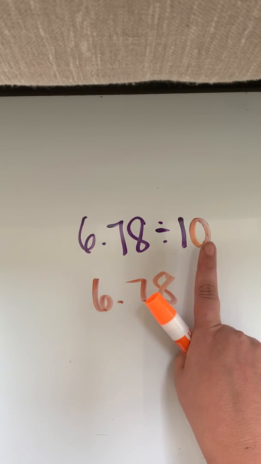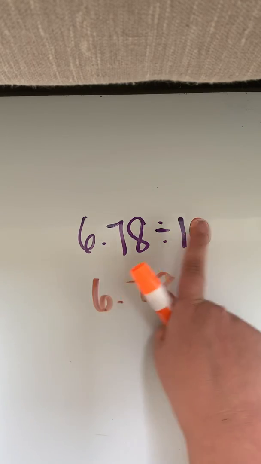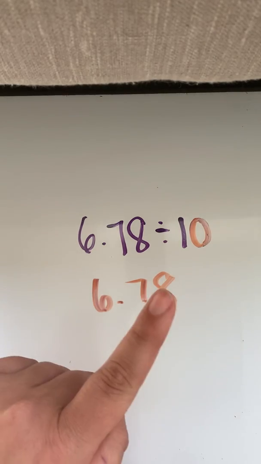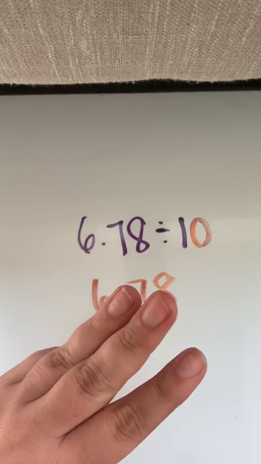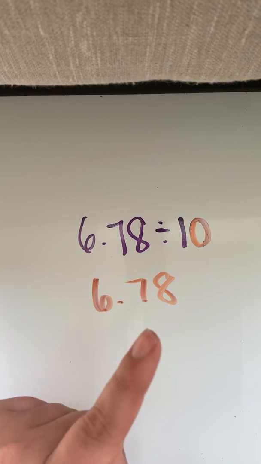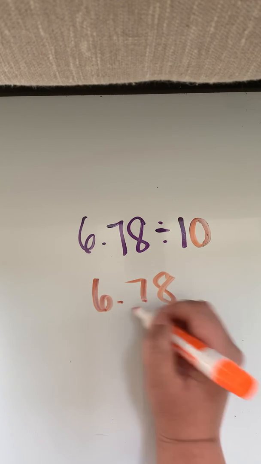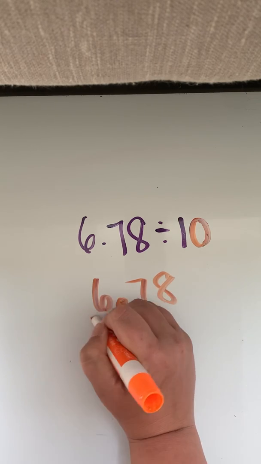And I'm going to be moving 1 time because of my 1 0 in my 10. Now remember, this trick only works if you're dividing by a 10, 100, or 1,000, okay? So make sure you're remembering that. I told you that when you were multiplying, but just as a refresher. So I'm going to go ahead and move it over 1 time.